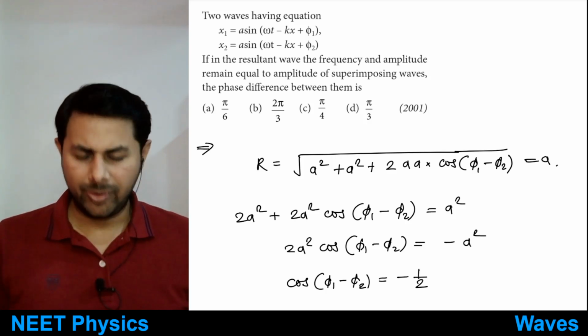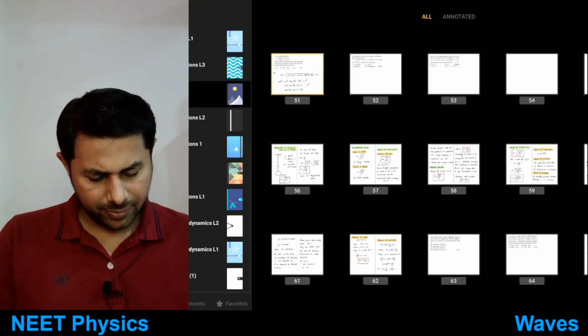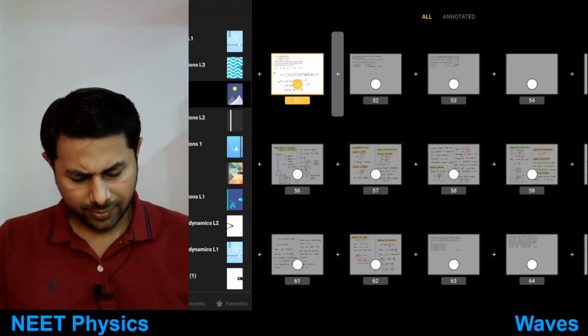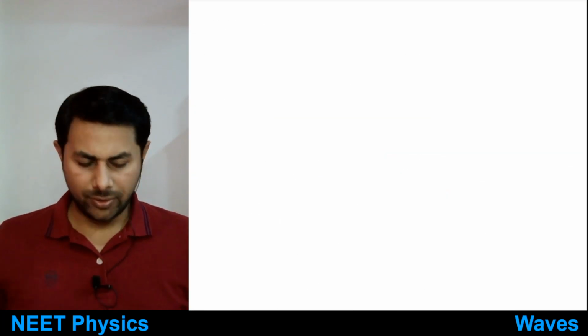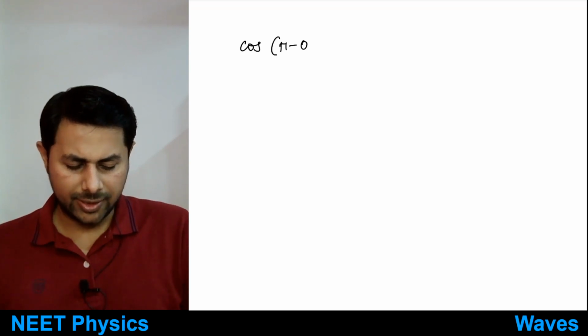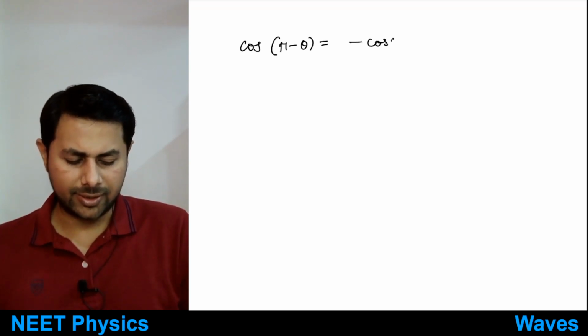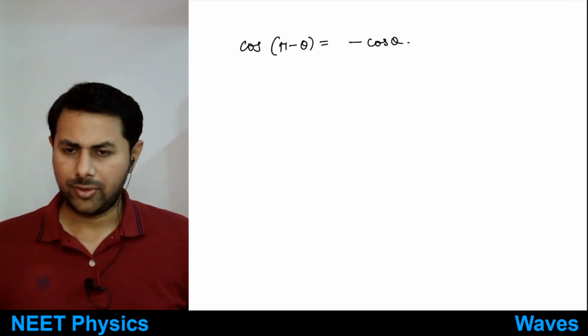So there is this simple formula. Cos of pi minus theta is equal to minus cos theta, right? You can solve that.